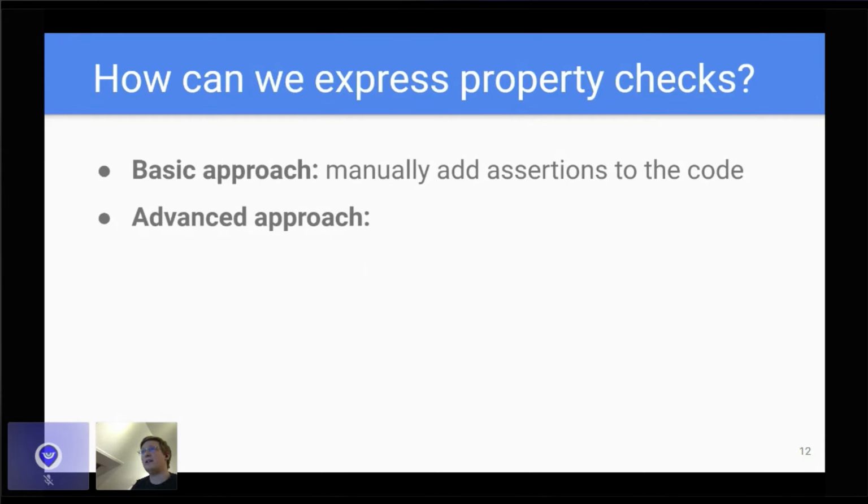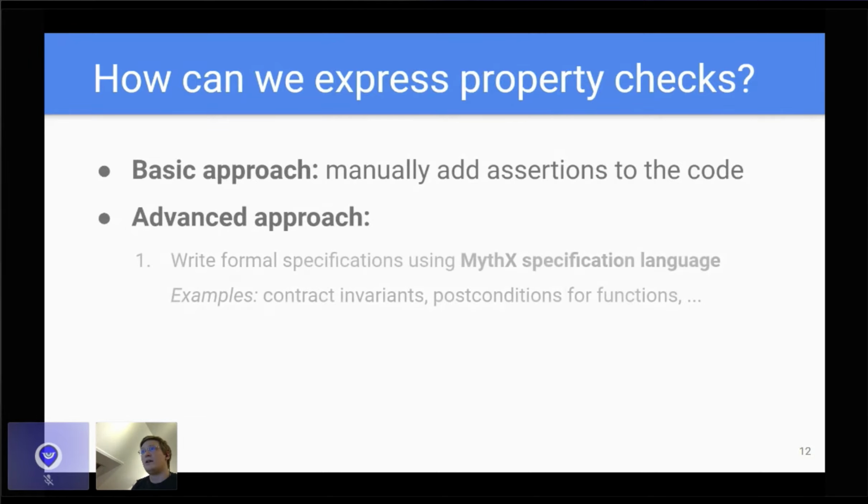A more advanced approach that we're currently developing and improving is to write formal specifications using our Mythx specification language. Examples of such specifications would be contract invariants, postconditions for functions, and a bunch more.